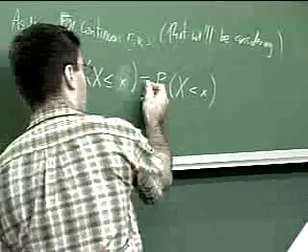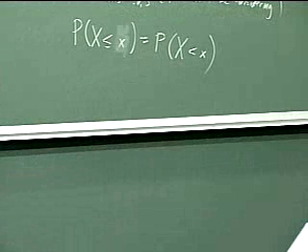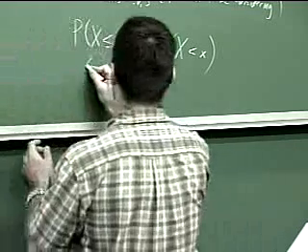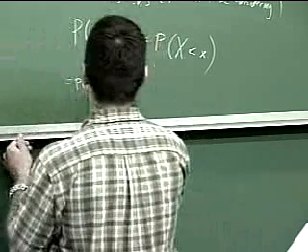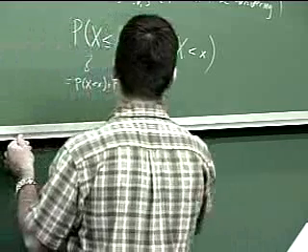Okay? Why is that? Anyone? Because it's continuous, but so what? You could rewrite this as the probability that X is less than x plus the probability that X equals x.